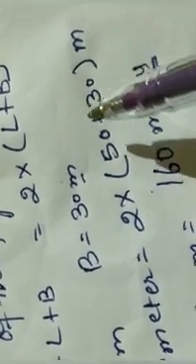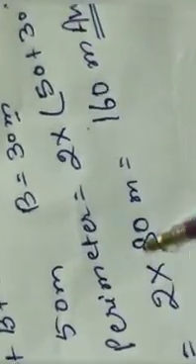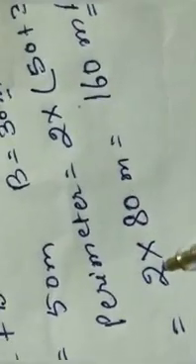So the perimeter will be 2 multiplied by 50 plus 30, and we'll write the unit, meter. So 50 plus 30 is 80 meter. So the perimeter will be 2 multiplied by 80 meter, that will be 160 meter. Answer. In the same manner you can solve question number B.